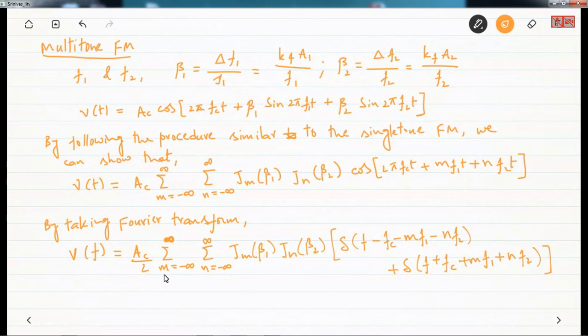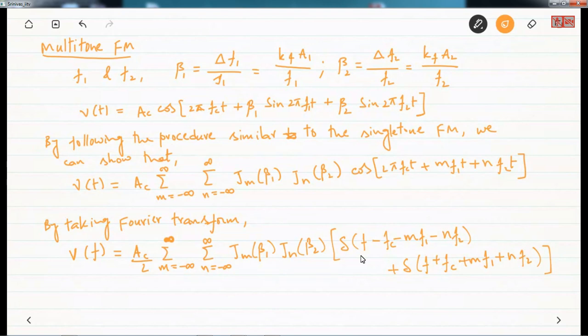So when m is equal to 0 and n is equal to 0, it becomes delta of f minus fc and delta of f plus fc here. That means that is the carrier component, right? The carrier component has amplitude J naught of beta 1, J naught of beta 2, because m becomes 0 and n becomes 0 when we consider only the carrier frequency.